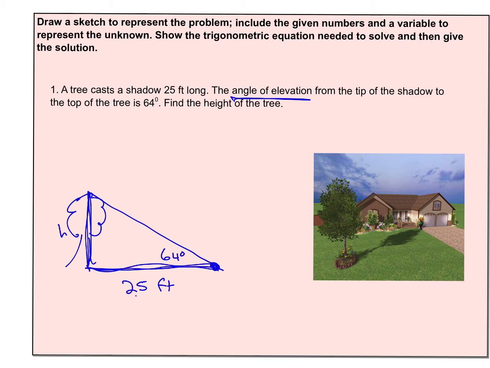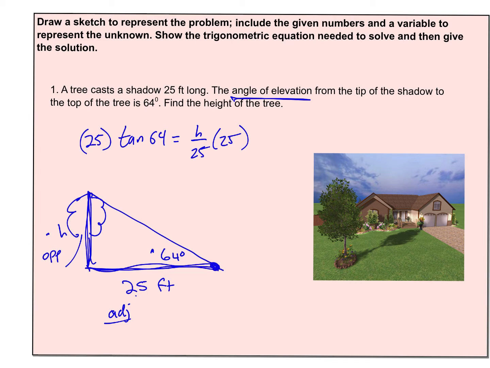I have an angle and I have two sides. This would be my adjacent side, and this would be my opposite side. So that means I'm going to use tangent here. This one's pretty easy. Tangent of 64, let your calculator do some mashing with that.